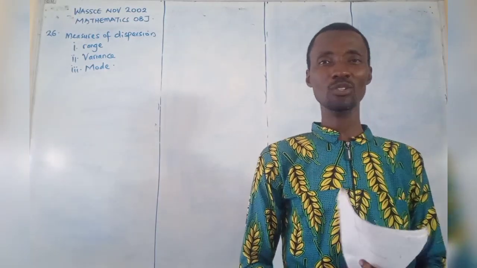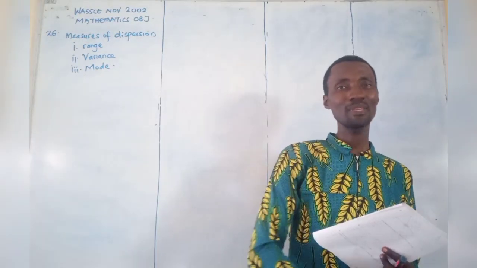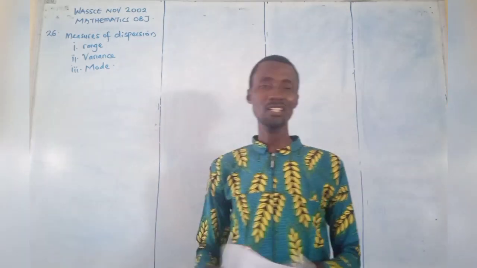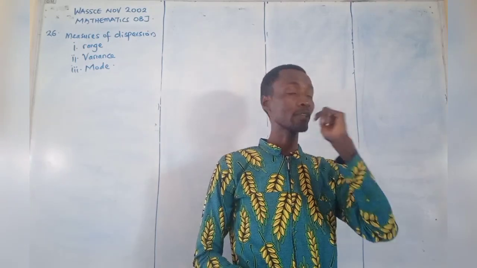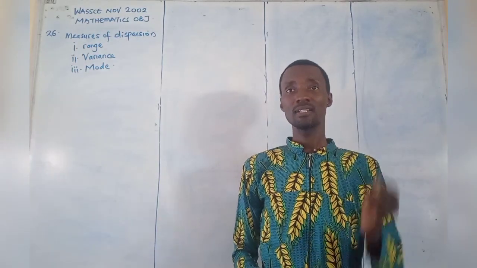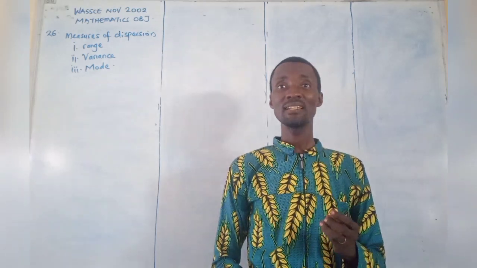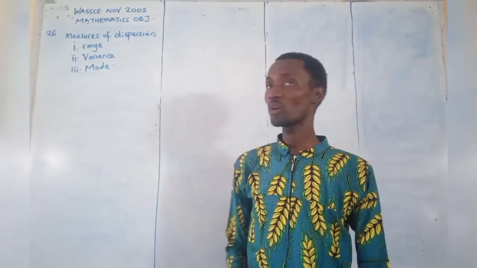The measure of dispersion talks about spread, how these things are being spread. For measures of central tendency, there are about 4 of them. If I'm right, you have mode, median, mean and range.